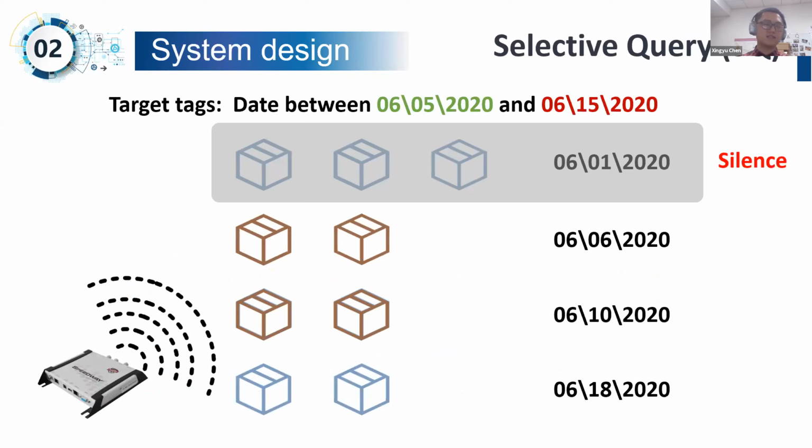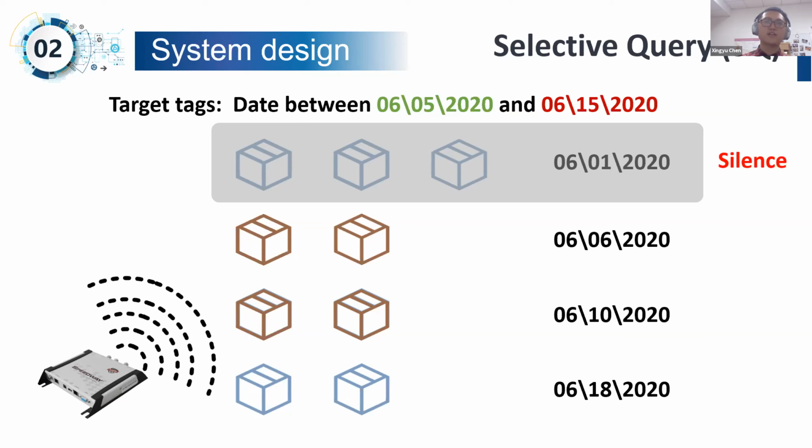Based on this idea, we propose the selective query. Selective query divides the collection into rounds. In each round, the reader deals with a group of tags that have the same data. This is very common in our daily lives. For example, in the supermarket, many products have the same sell-by date.